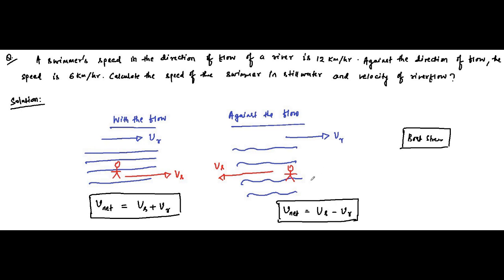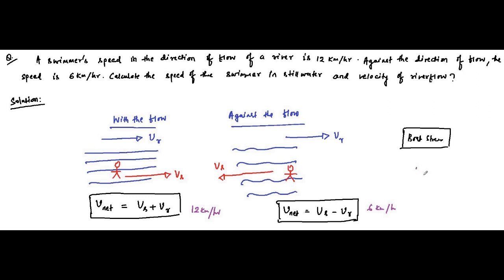Okay, so same thing. Here it has been given that a swimmer's speed in the direction of flow of river, that is this case, is 12 kilometers per hour, and against the direction of the flow it is 6 kilometers per hour.